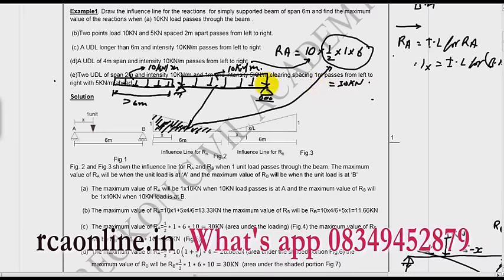Now what will be the value of RB? The RB value is again simple. We will find the area under the UDL. So what is the area? Area is complete. Now what will be RB? 10 intensity into half into 1 into 6.